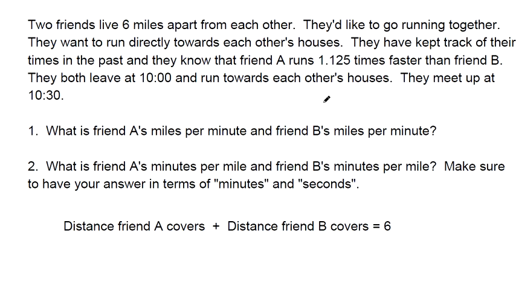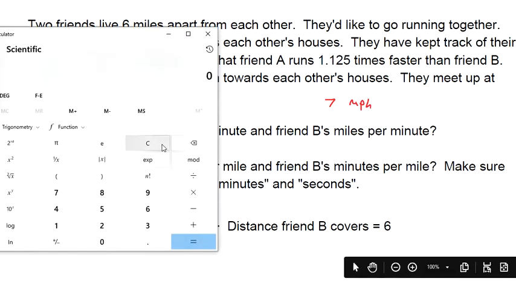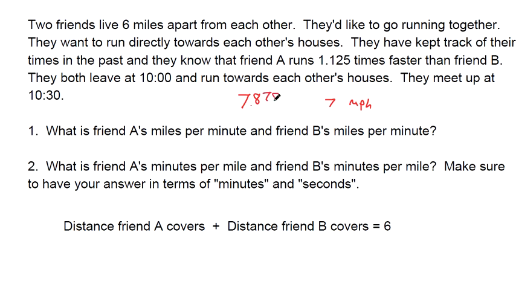So that means, let's say the slower person is like 7 miles per hour. We'll talk about miles per hour for a second. First person 7 miles per hour, then the faster person is 7 times 1.125. So the other person runs 7.875 miles per hour. Right?